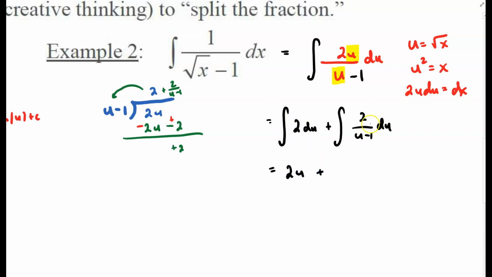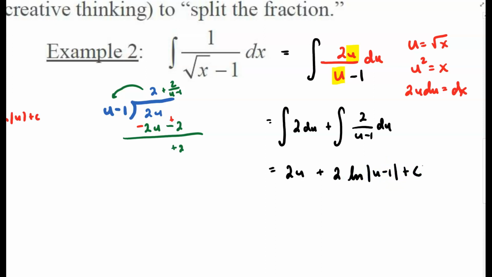And here I have a straightforward natural log integration, right? My denominator is u minus 1, and the derivative of that is just 1. So plus 2 times the natural log of u minus 1 plus c.